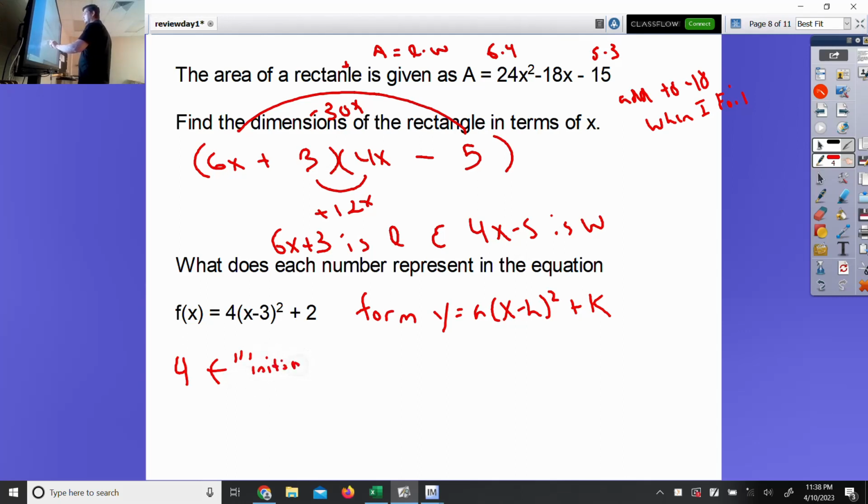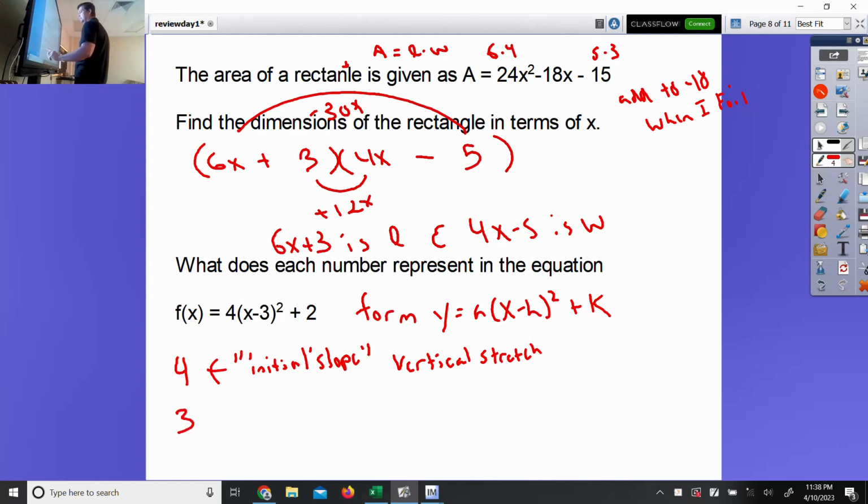You will not see that on the EOC. Forgive me, I'm too tired. Again, that was initial slope, but the 4 represents the vertical stretch. This thing is 4 times as tall.